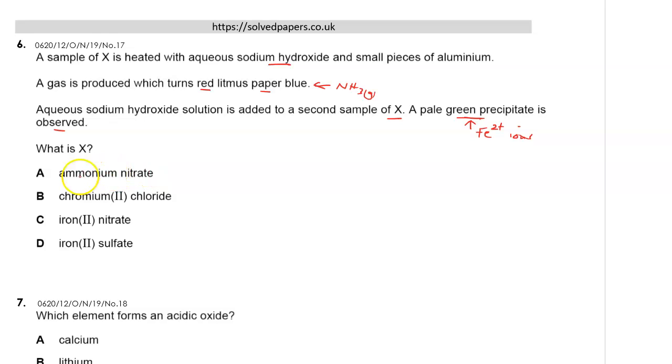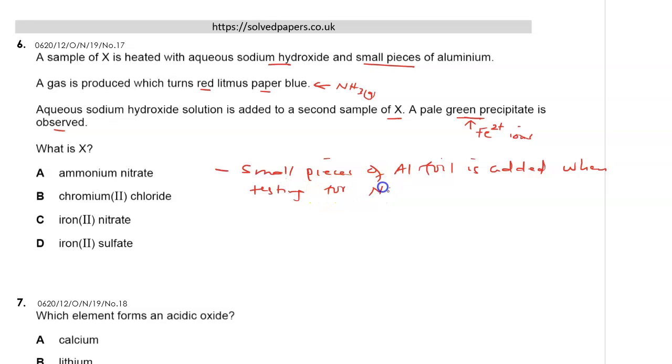Notwithstanding, why do we need to use a small piece of aluminium? Small pieces of aluminium are required when testing for nitrate ions.